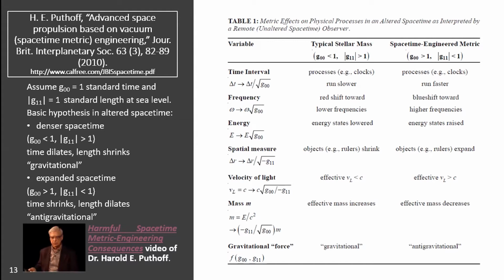Now, it turns out that one of the side effects of engineering the space-time metric to get this kind of flight performance is that it blue shifts the frequencies. All the frequencies involved get moved to a higher frequency. It's just built into what the equations say when you generate these anomalous effects.